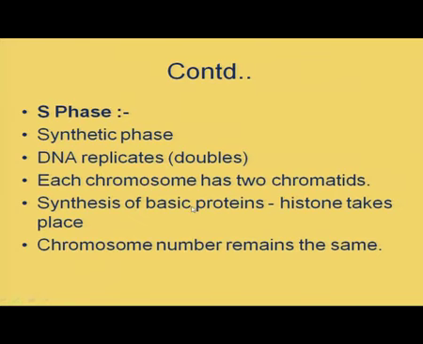Then in addition, some other basic proteins are needed, for example, histone. So, synthesis of these basic proteins, mainly histone, also takes place during this synthetic stage, S phase. Chromosome number remains the same: even though the DNA gets doubled and each chromosome has 2 chromatids, the number of chromosomes remains the same.